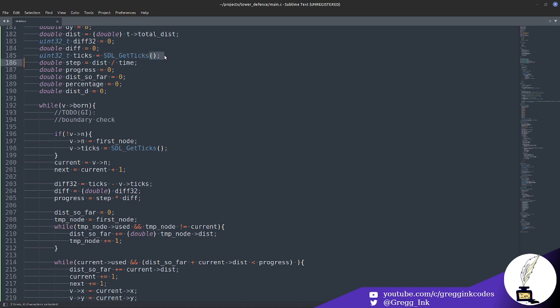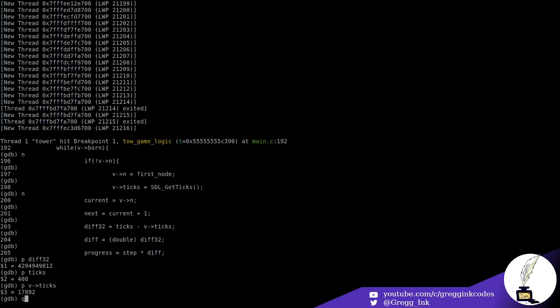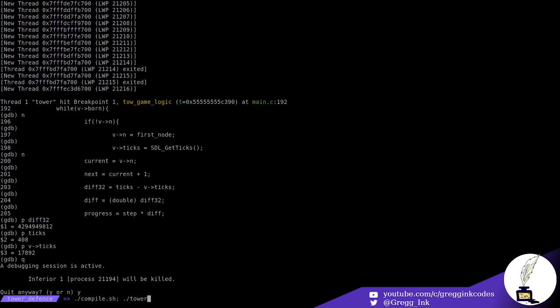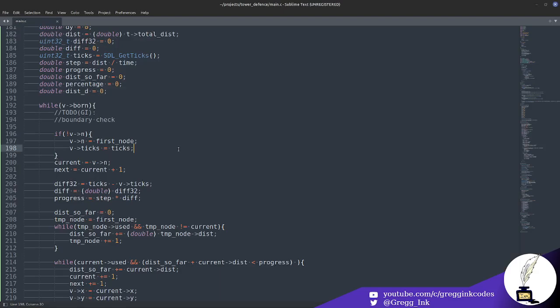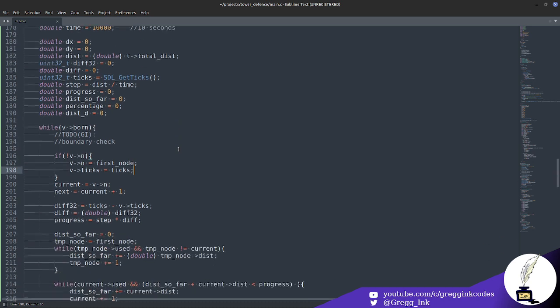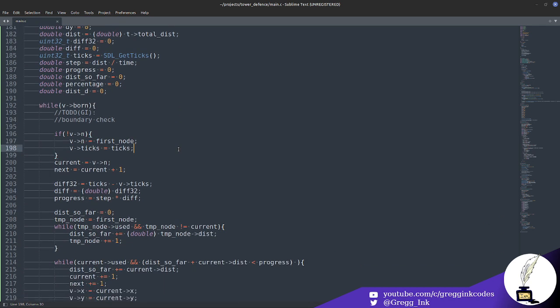I need to look at it for that frame. Okay, I have to do it this way. And I don't think that solves our bug, but that is at least going to avoid some issues.